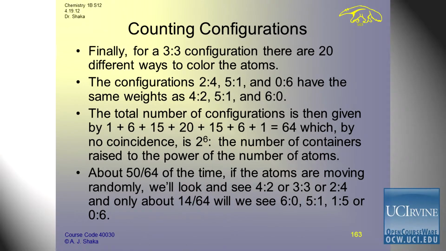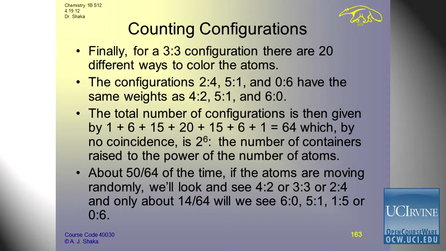So for that 3 and 3, we're just taking the same thing to the next configuration. There are 20 different ways to color those atoms. And then you were asking why they don't have the same weight. So the configurations, well, no, I already answered that question fully, I suppose.